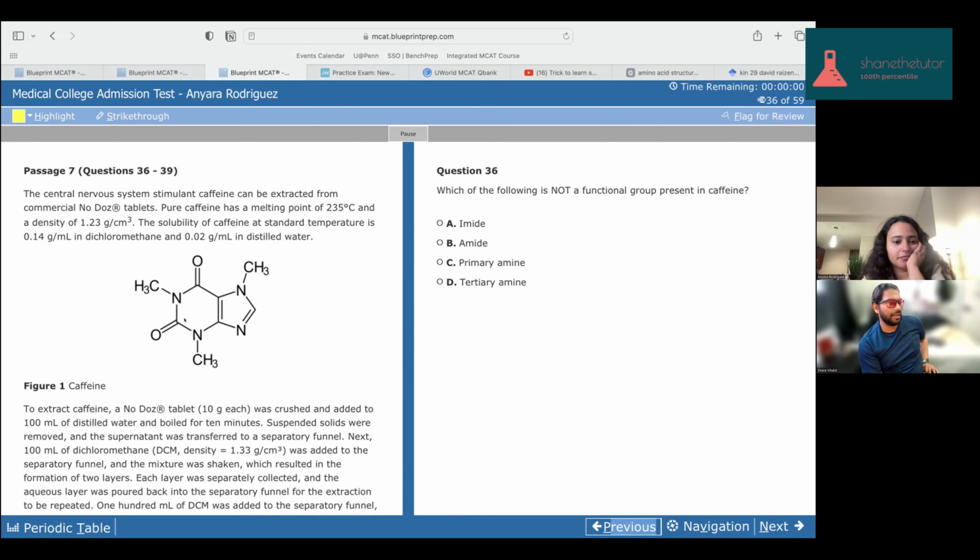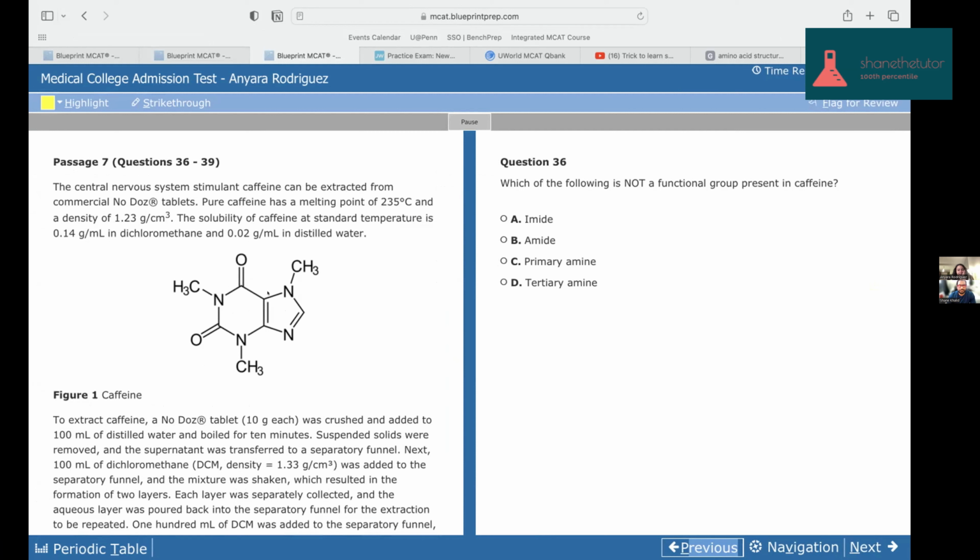All right, what else do we have? I guess we have, I don't know what it's called, but it's a ring with nitrogen. Yeah, a heterocyclic ring, a five-membered heterocyclic ring with two nitrogens. Does that look somewhat familiar?